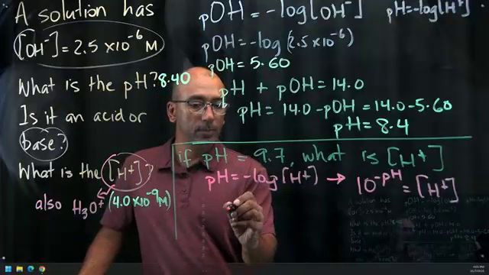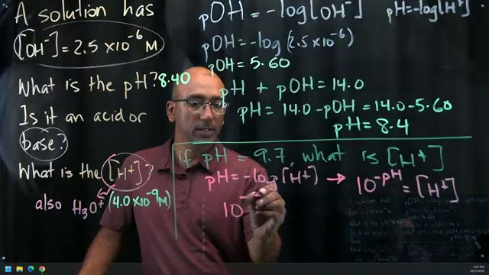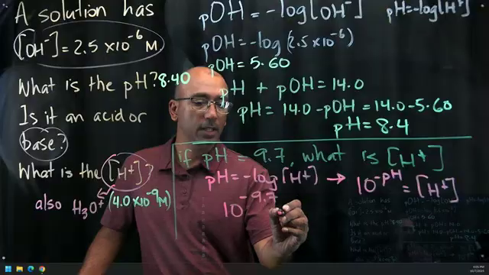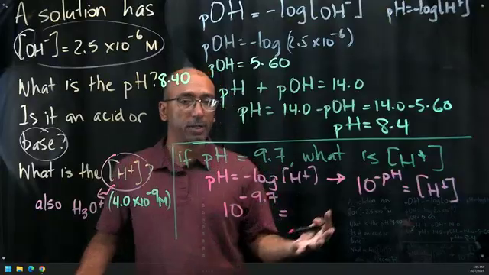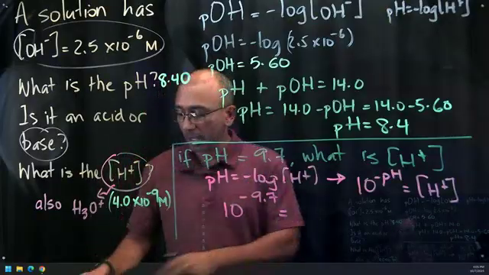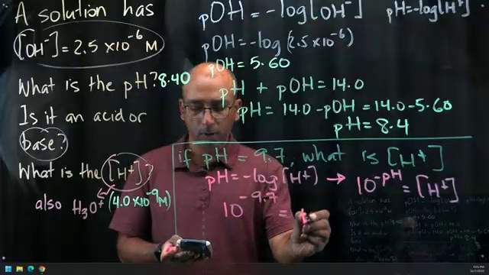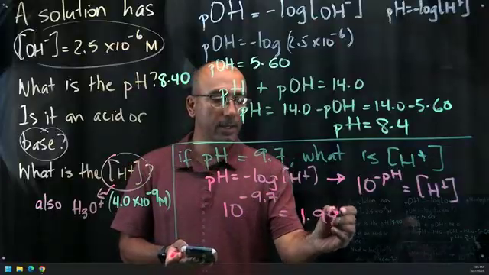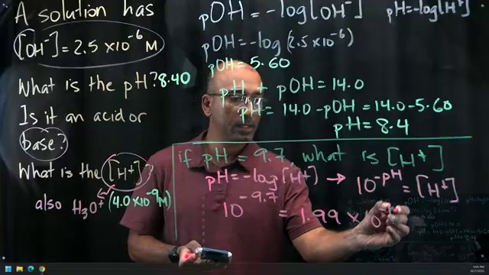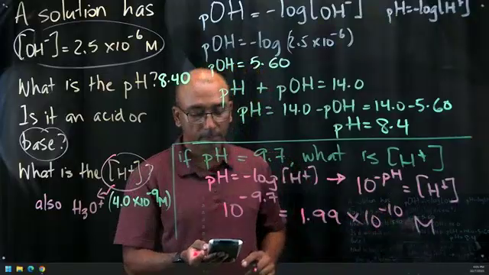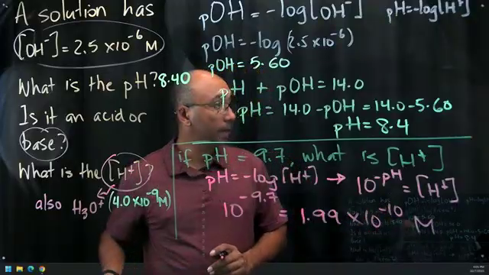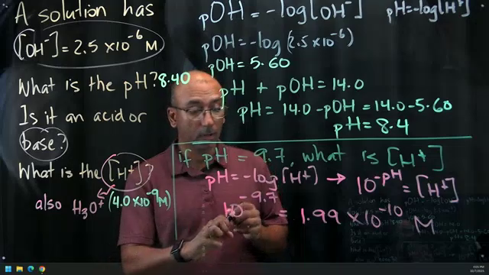If I substitute my values, 10 raised to the negative 9.7, you need to now evaluate that. You can't just leave that as your answer. So you stick it into your calculator and you hit enter. That's going to give me 1.99 times 10 to the negative 10, and that's going to be molar, as your concentration.